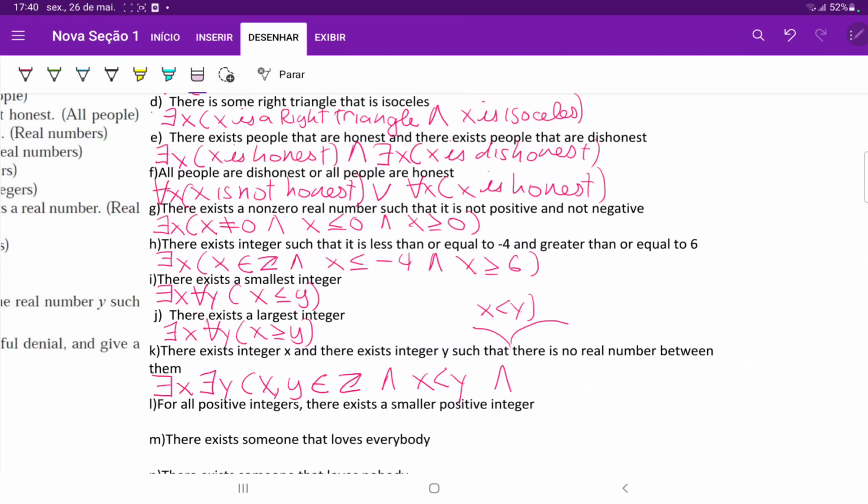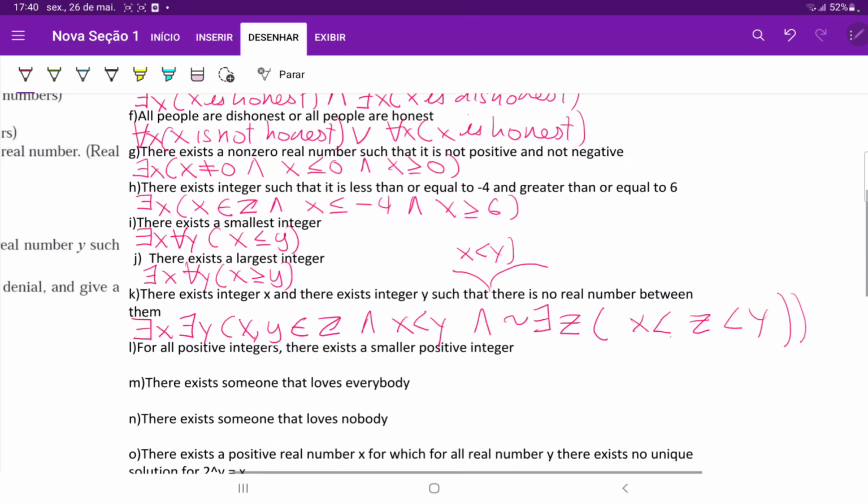So, and there's no real number between them, right? And we're going to say, and there does not exist a z such that x is less than z and y. Sorry, I should have put this z, then y. So we're saying x and y are integers and x is less than y, and there does not exist a z such that z is between them, right? And then I just have to put a parenthesis here, yeah.